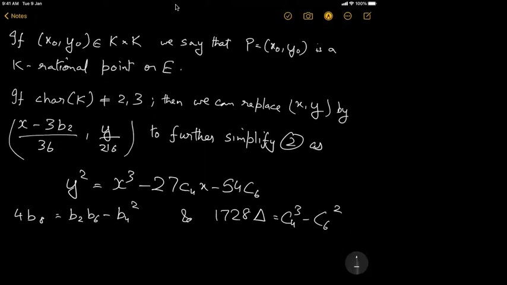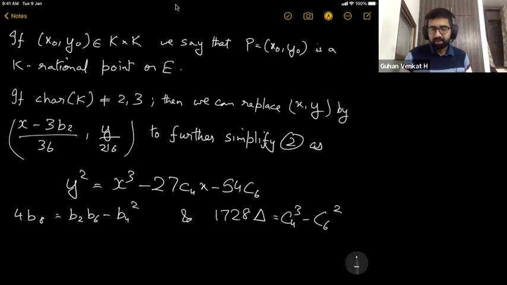Does this change with the elliptic curve, or does it remain the same for any elliptic curve? This seems like a universal constant in this business. There's no change to the elliptic curve. The geometry of the elliptic curve doesn't change by this change of variables. Is that okay?